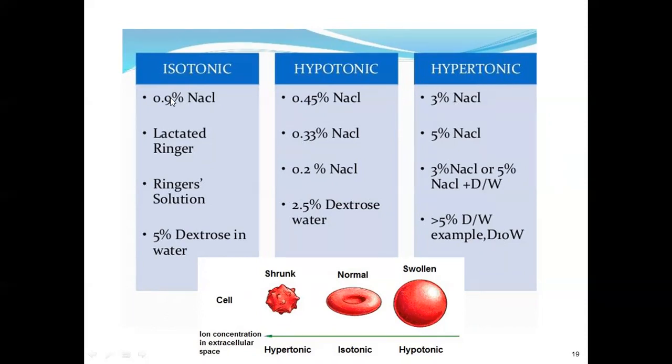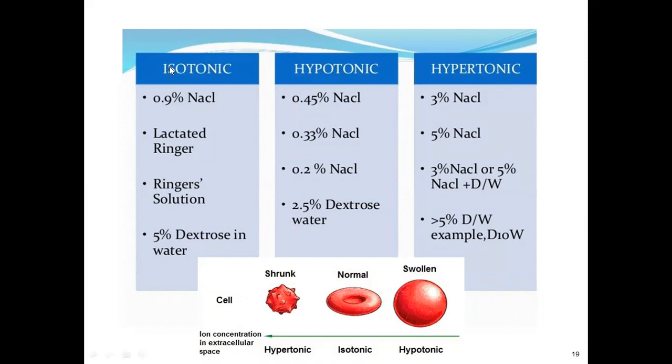If anything is less than 0.9%, it is hypotonic, like 0.45%, 0.33%, 0.2%. Another example is 0.45% saline, or half of the normal saline, which is hypotonic.